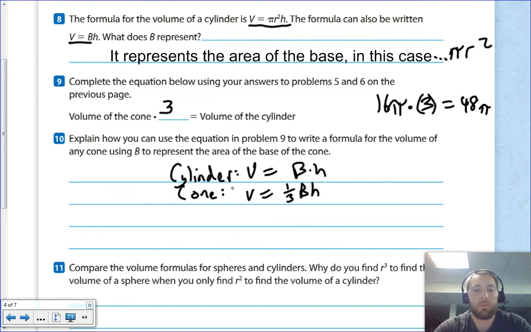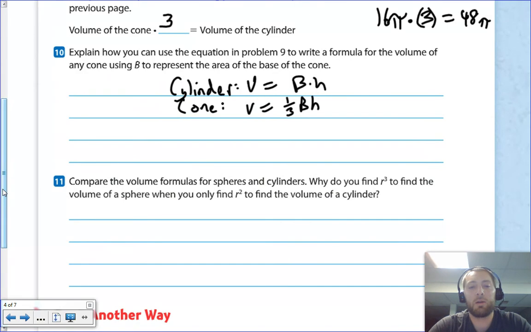So number 11, compare the formulas for volume of spheres and cylinders. Why do you find r cubed to find the volume of a sphere when you can only use r squared to find the volume of a cylinder? Now this one's a tough question. So I'll kind of explain this one.